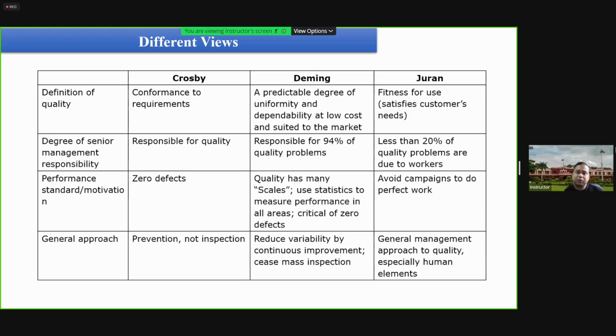It is not possible to inspect; even with sampling inspection, it is not possible to detect all the defective products. Some defective products will pass on to the customer. So the focus should be on prevention rather than detection. That was the general view given by all the different quality gurus.